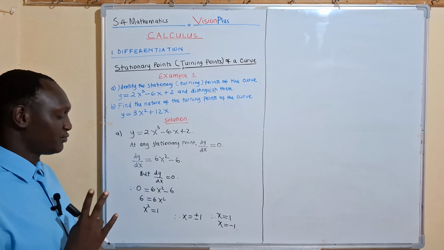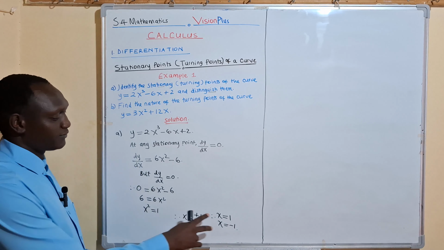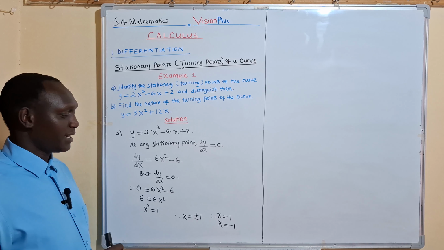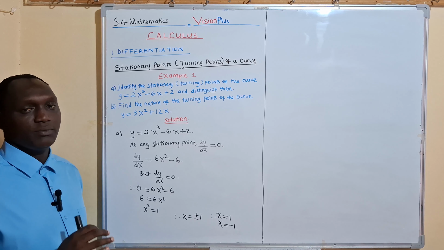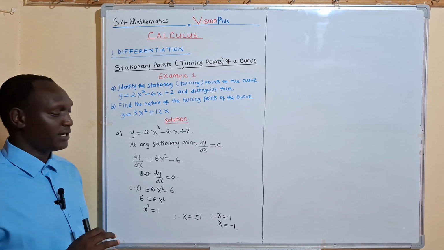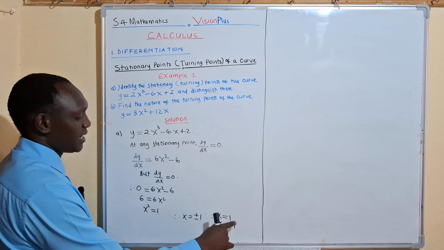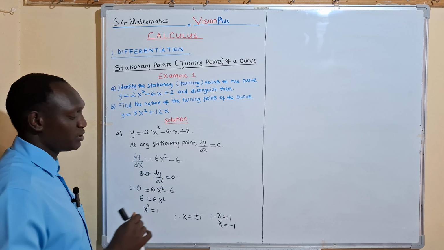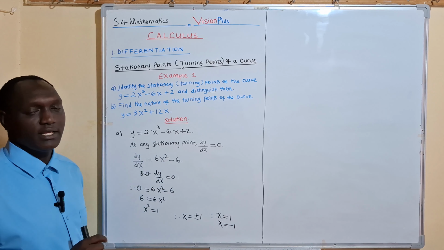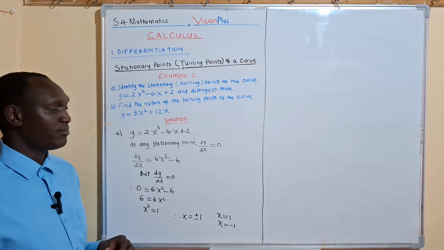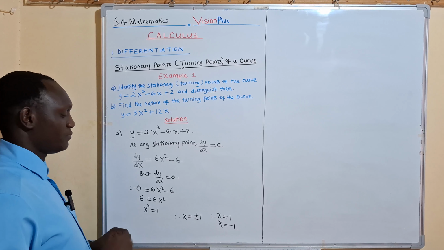If we had three values of x, it would mean that we have three turning points. So this curve here has only two turning points. So let's see whether the two points are minimum, maximum, or point of inflection.